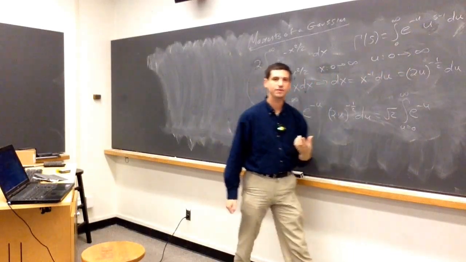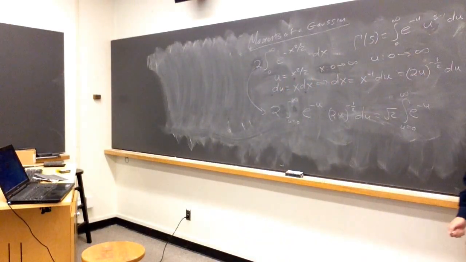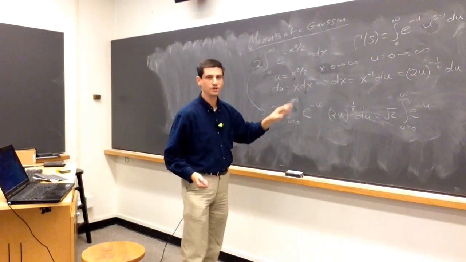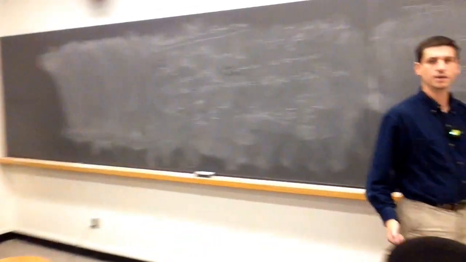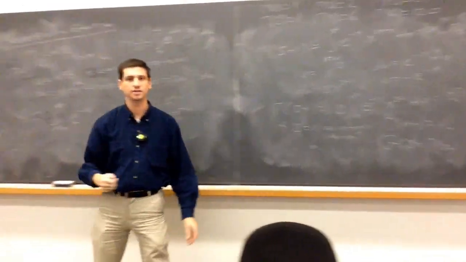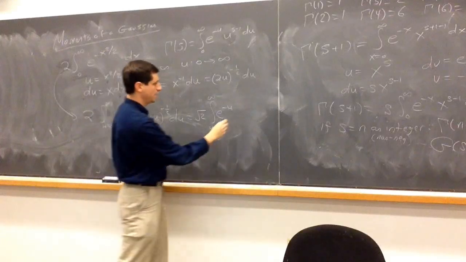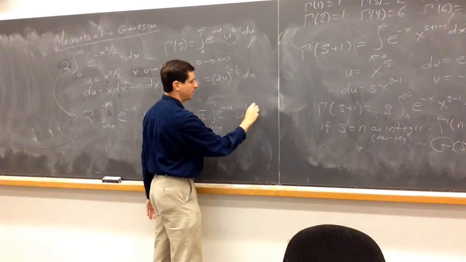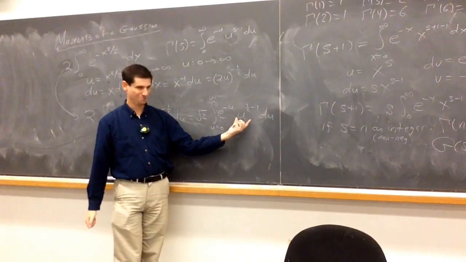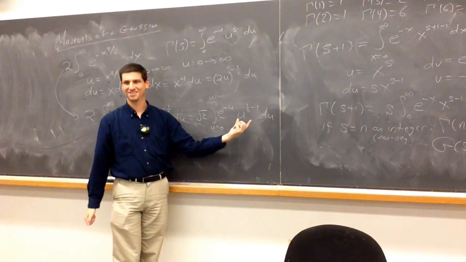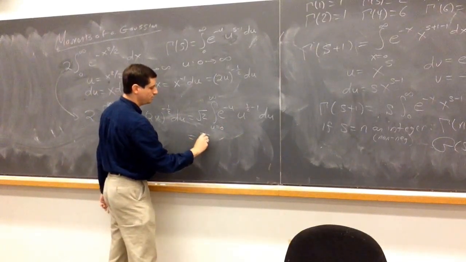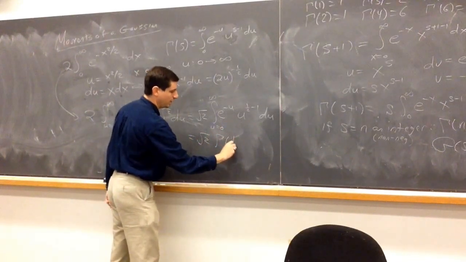The whole point is to try to figure out what is the best way to do the algebra. The difficult part in these problems is always, how do you write the algebra? What do you know? What's given? Well, because of how we've defined the gamma function, we want to write it as u to the 1/2 minus 1 du. What is this integral now? Gamma 1/2. So we get square root of 2 gamma of 1/2.